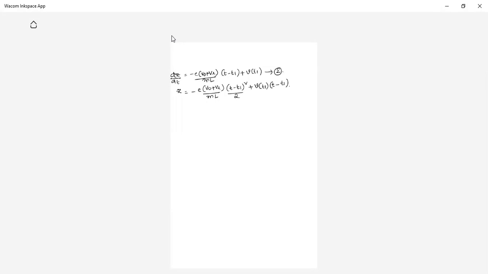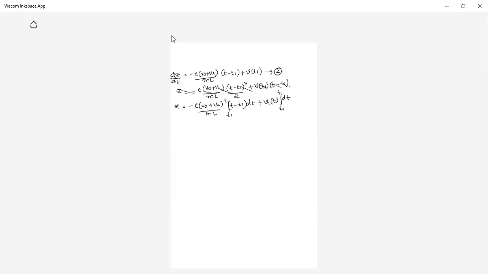Instead of straight away writing this step, I'll also write the in-between step, otherwise you will not understand. Z is equal to e minus v naught minus vr by ml into the integration of t1 to t minus t1 into dt plus v1 of t into the integration of dt, t1 into t.